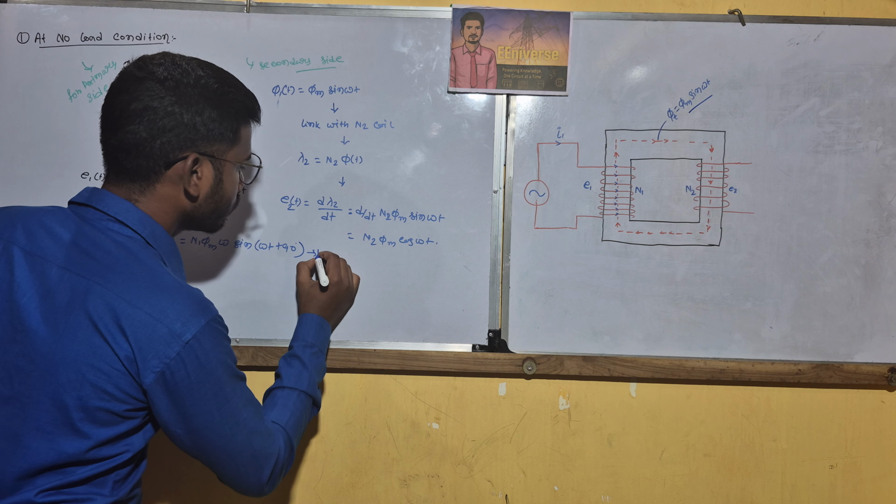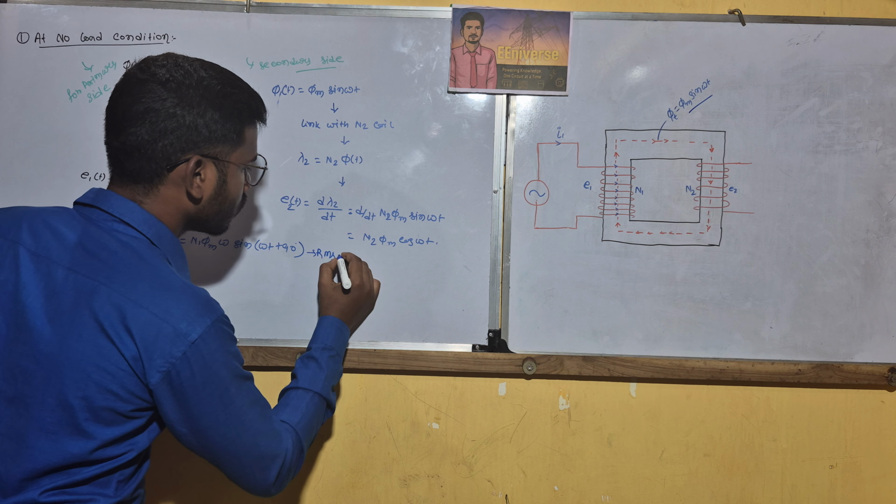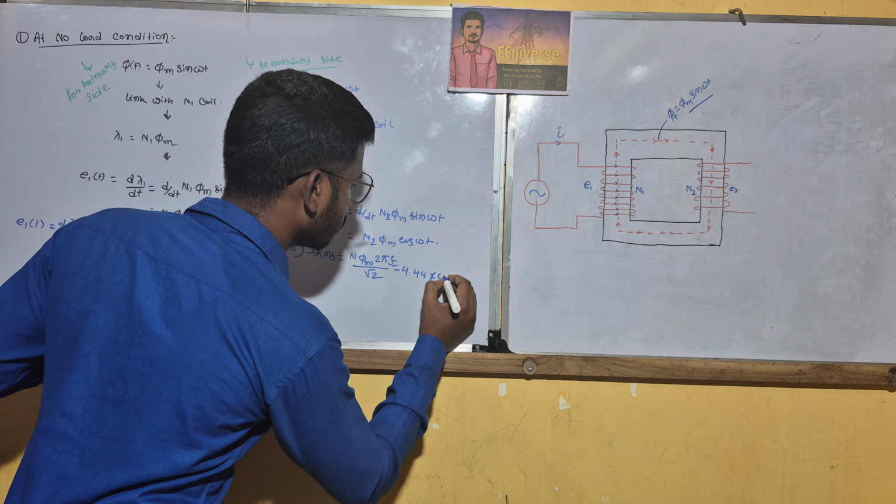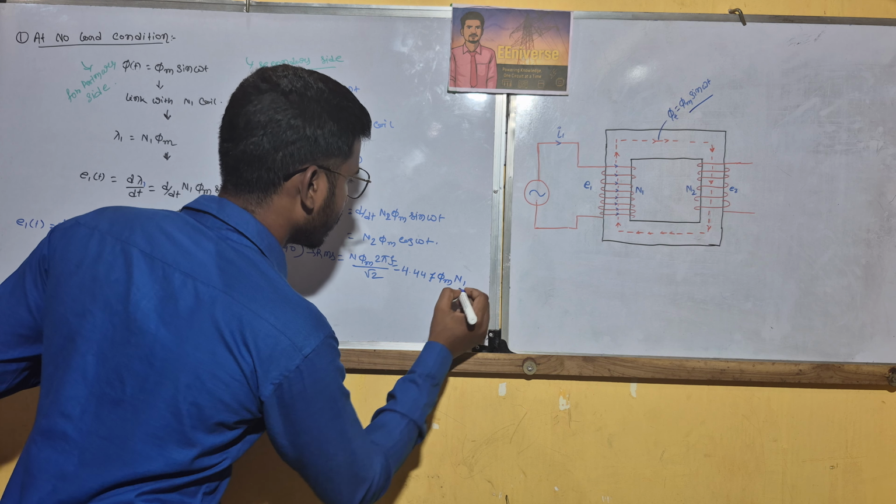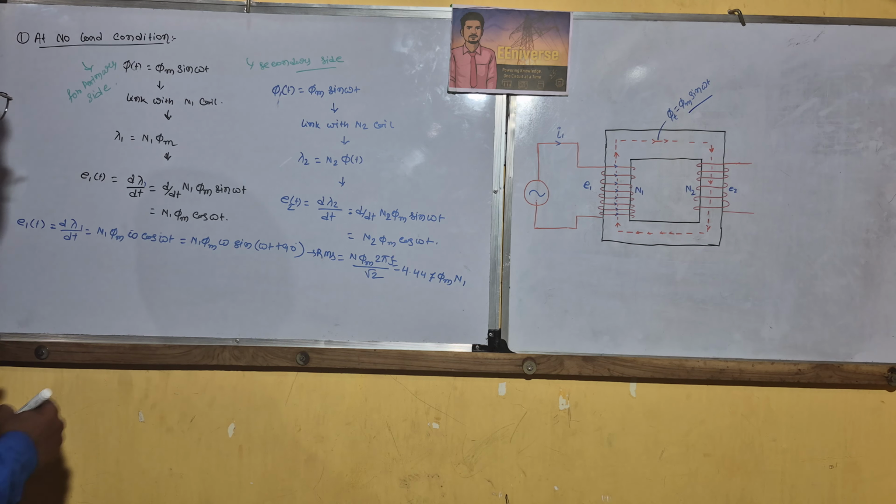In RMS value, we can write N1 phi m 2 pi f by root 2 equals 4.44 f phi m N1. This is for the primary side.